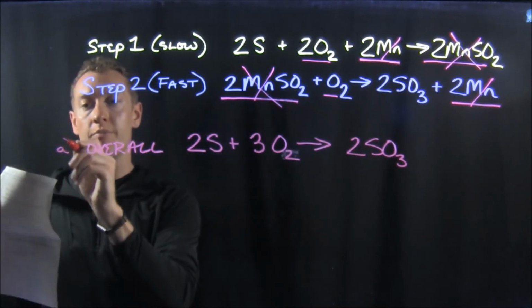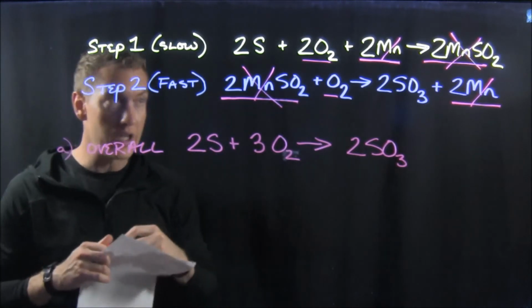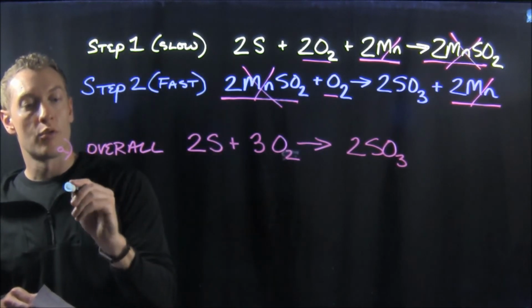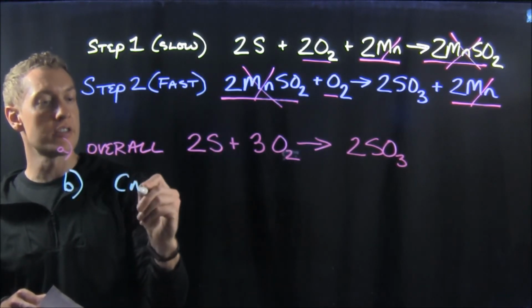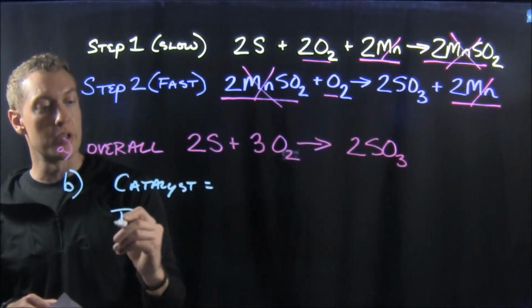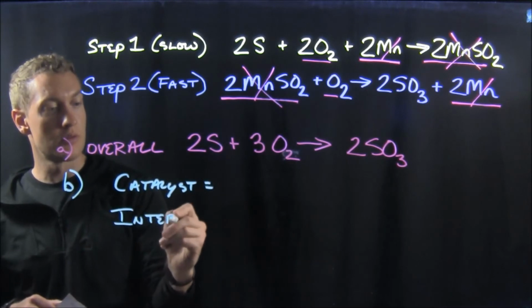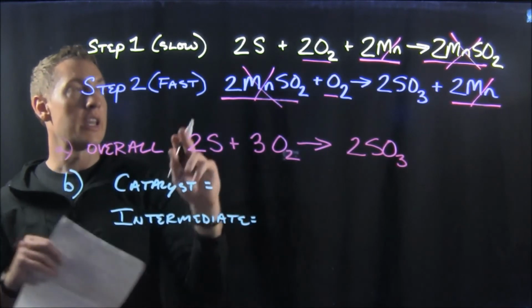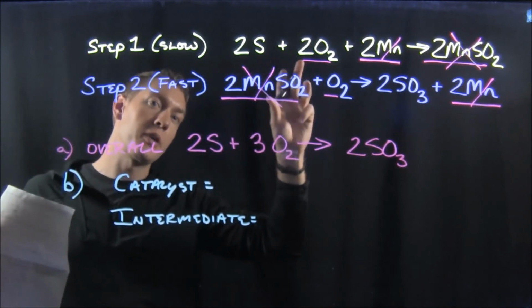So that's question A. Question B, which asks us, identify catalyst and intermediate. Catalysts are there at the very beginning of a reaction.